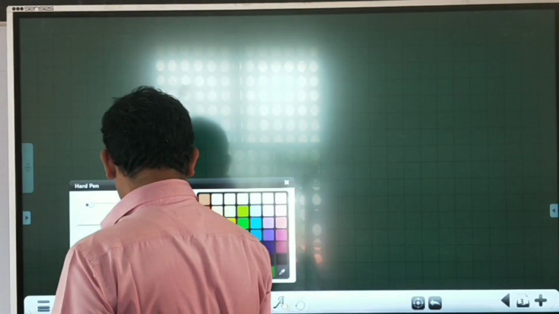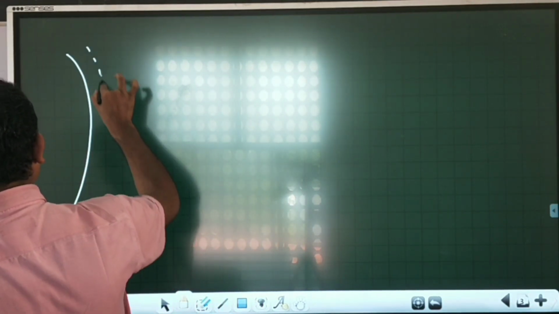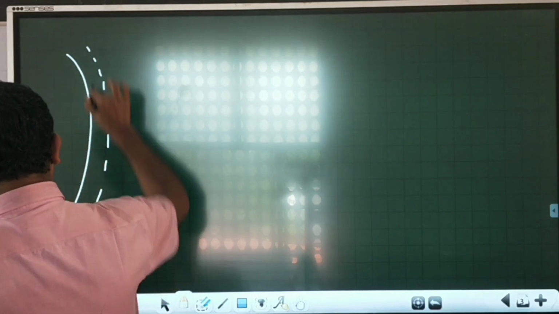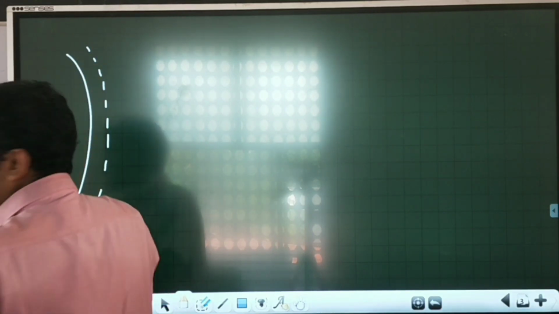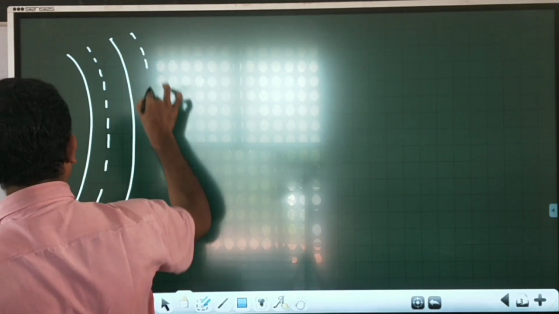Now we will consider the cases of this. Let us consider different wavelengths. The dotted lines show the trough and thick lines show the crest. So every wave has an alternating crest and trough.